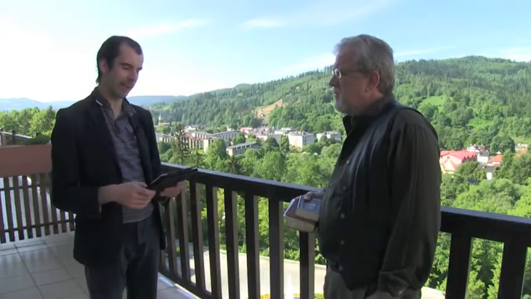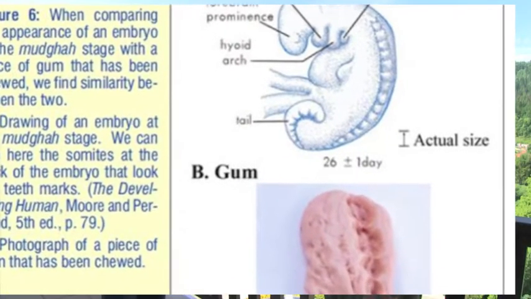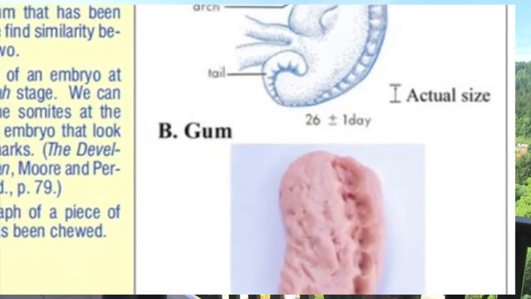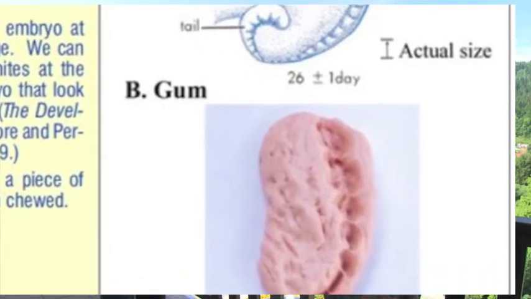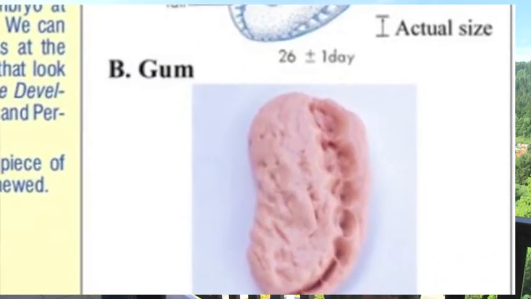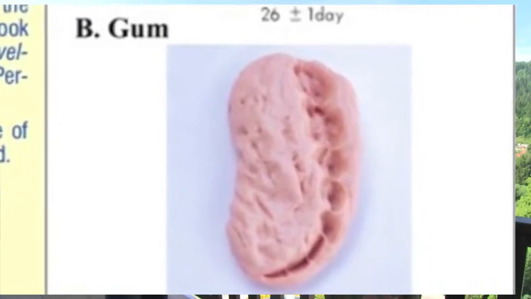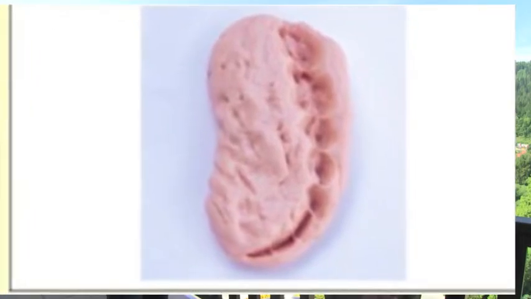They also show a piece of chewed gum with tooth marks that resemble somites, next to a pharyngula stage embryo, but really the chewed gum has been manipulated to look like the human embryo when there is no resemblance at all. It's really clutching at straws.